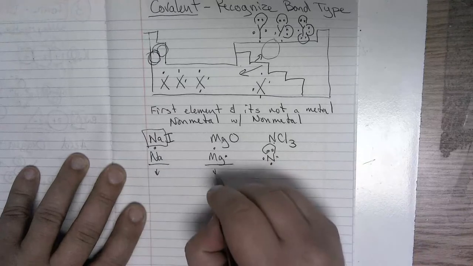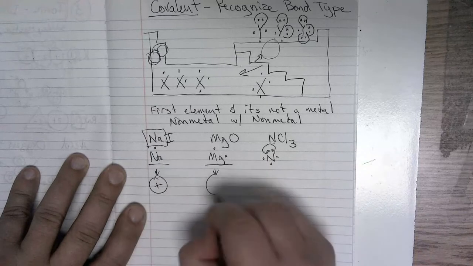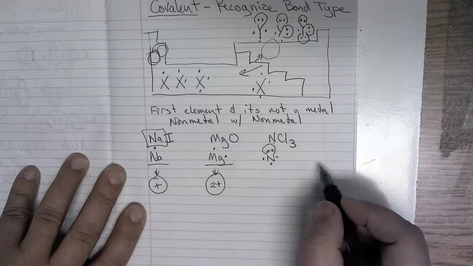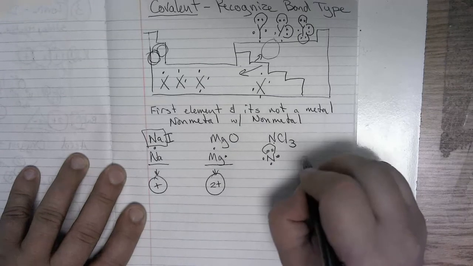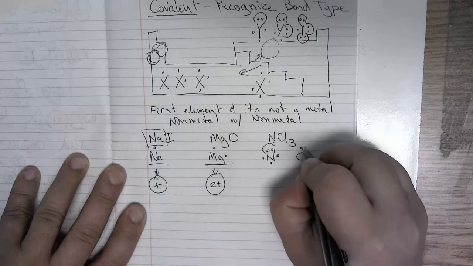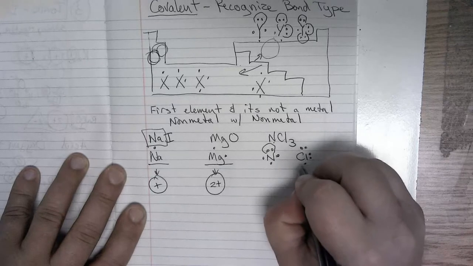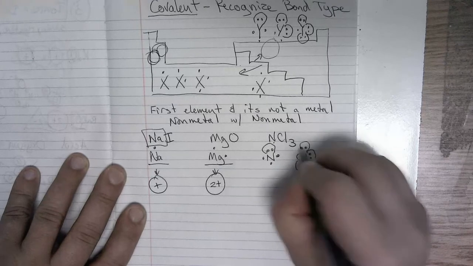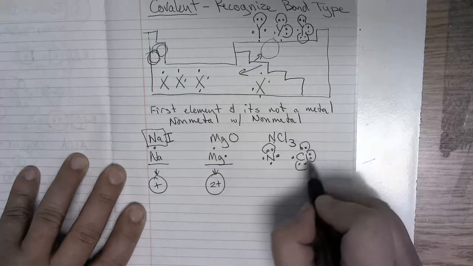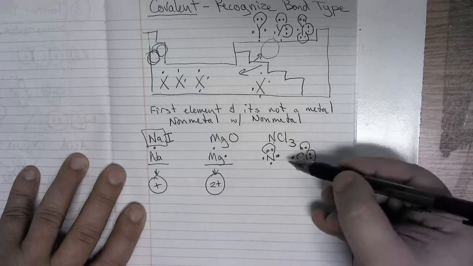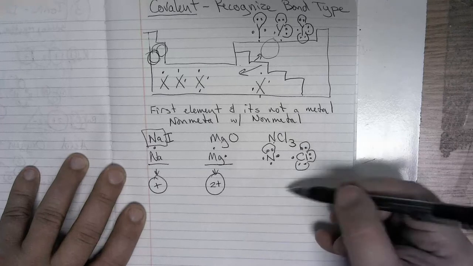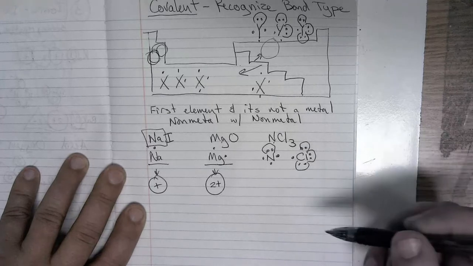They're automatically going to form a 1 plus and a 2 plus. But nitrogen is going to combine with a chlorine that also has electron pairs. And neither of these elements are going to give up electrons. There will be no positive ion or negative ion.